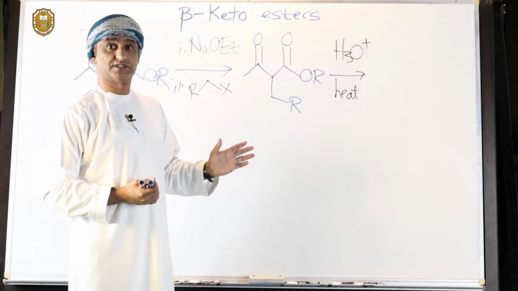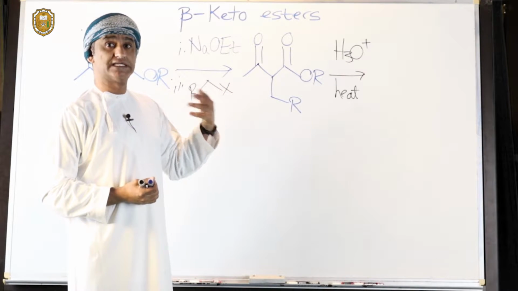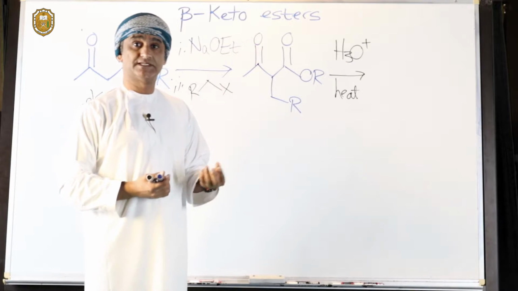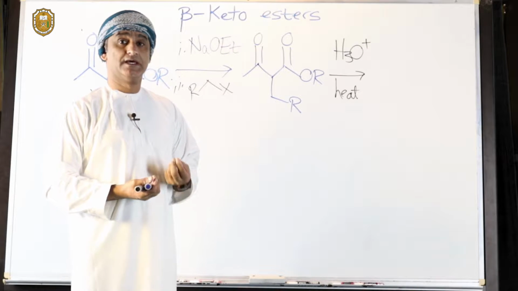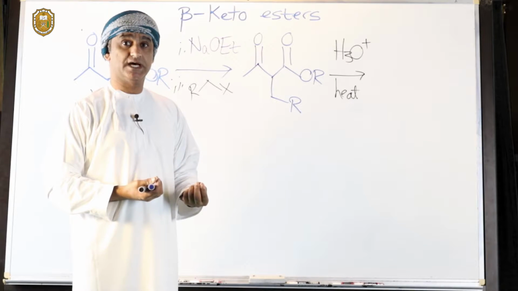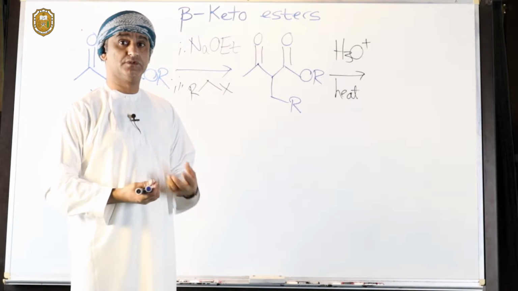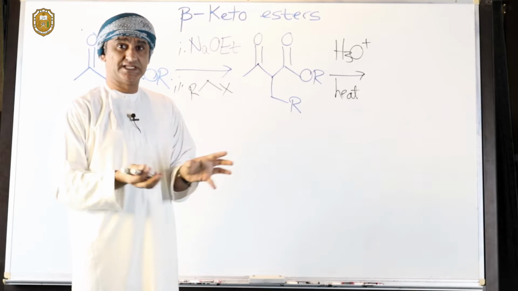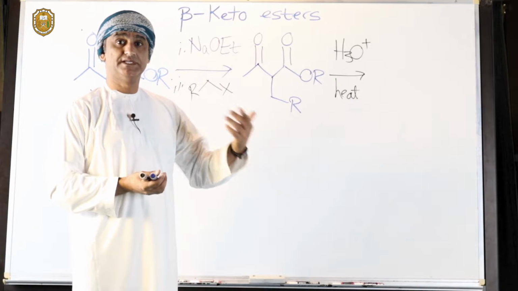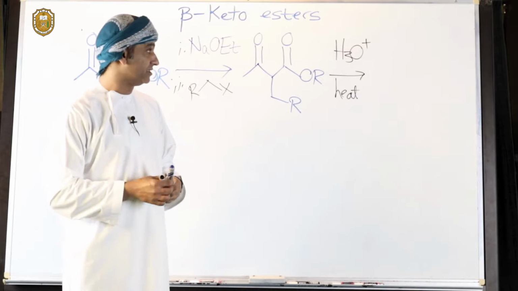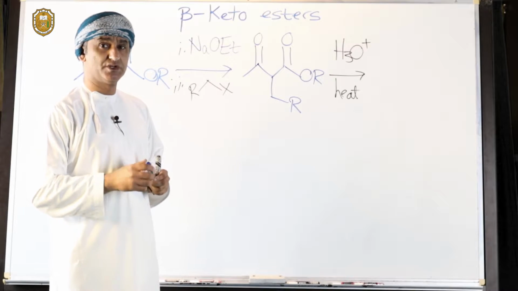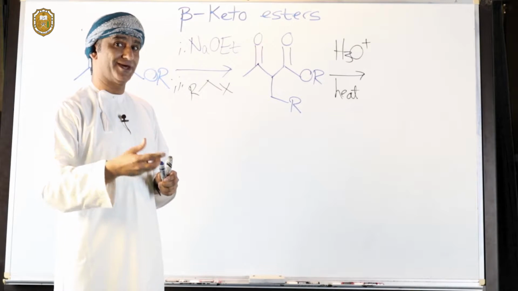But the reaction will not stop there. The reaction will actually continue for that carboxylic acid intermediate product to lose carbon dioxide, in fact, effectively overall to lose the carboxyl unit, in what's called a decarboxylation reaction. So the final product is actually a ketone without the ester or the carboxylic acid.